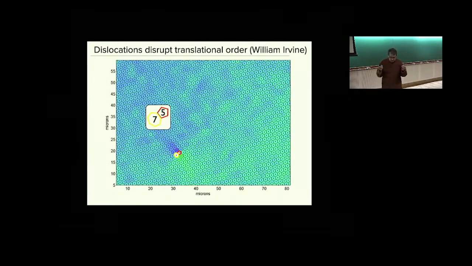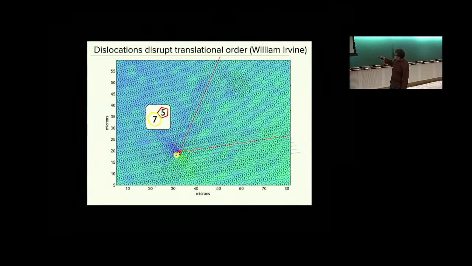If these disclinations bind to anti-disclinations, so you cancel out the rotational frustration, you get a dislocation, a tightly bound 5-7 pair. This is actually a picture from real colloidal crystals from the work of William Irvine. And here's a dislocation. It's given by two freely terminating lines in the crystal. Three Bragg rows become two Bragg rows on each side of this dislocation.